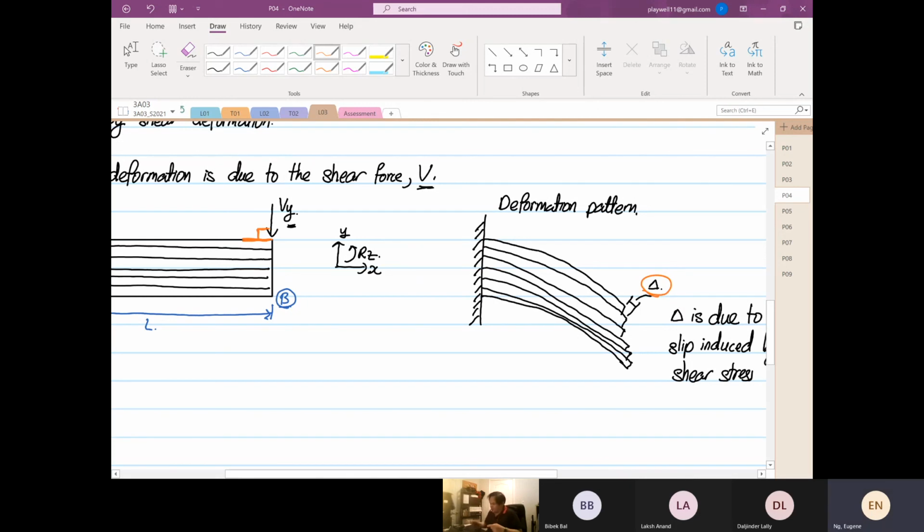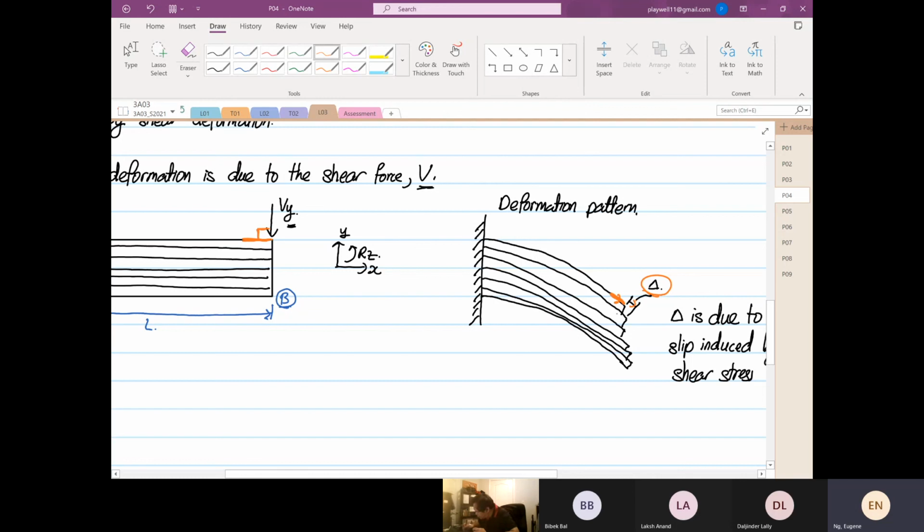It's confusing now. If you look at this surface that I'm highlighting in orange, they are both parallel to our delta. Is this normal stress or shearing stress? It is shearing stress, and I'll show you why.